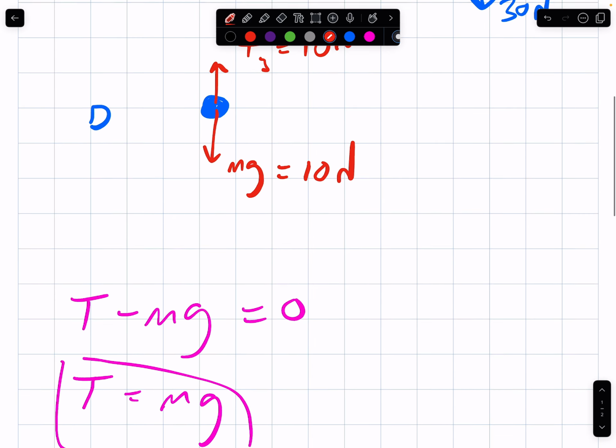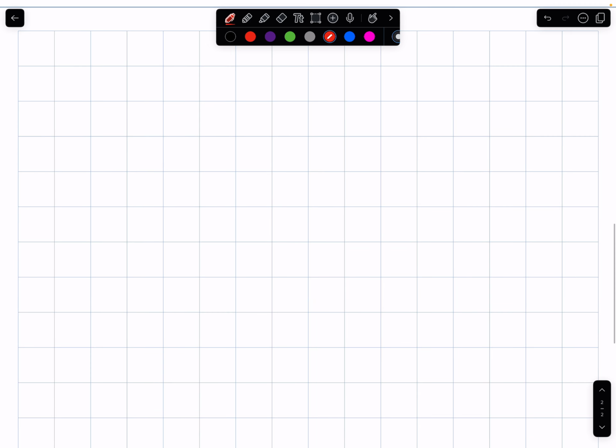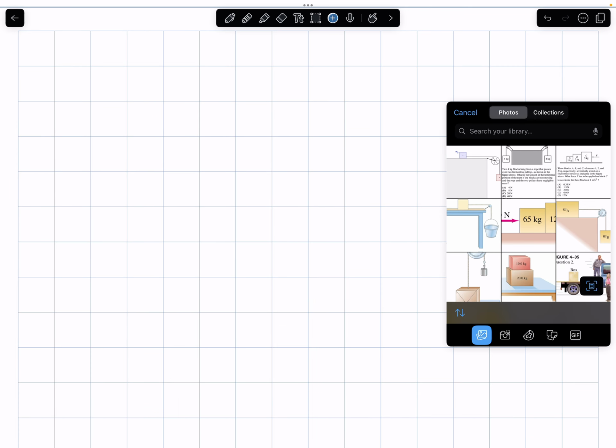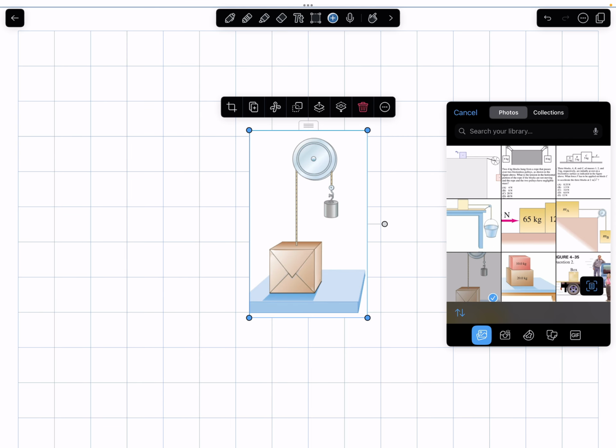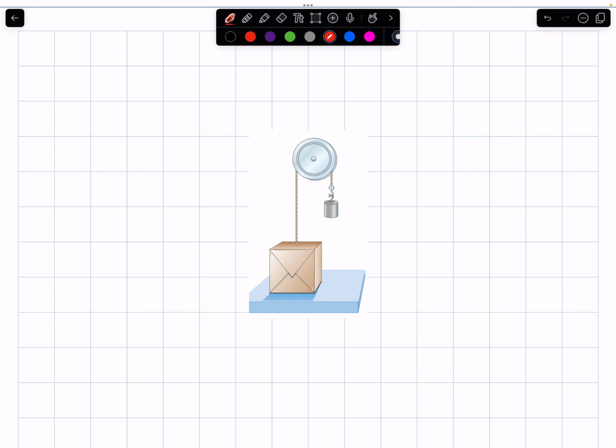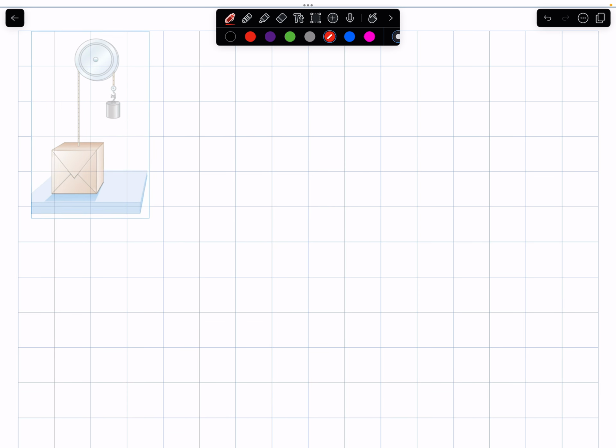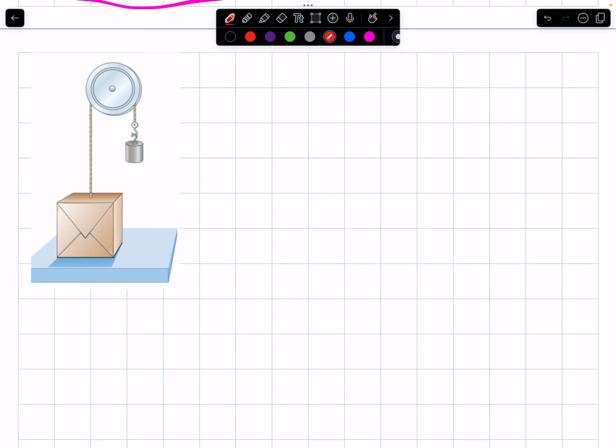Let's look at another one here. How about this one? So here we've got a pulley, and this pulley is not floating in space. It's actually attached to the ceiling or something.